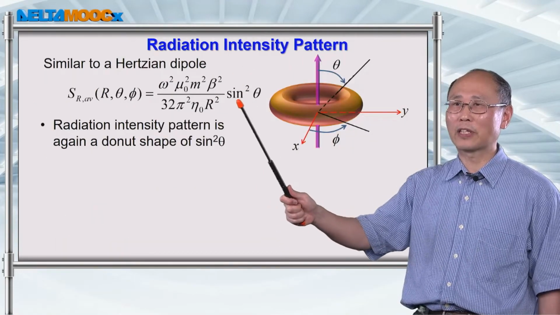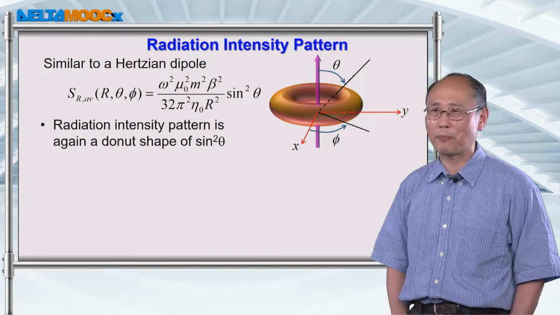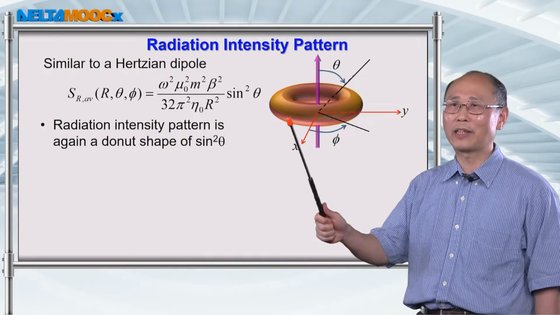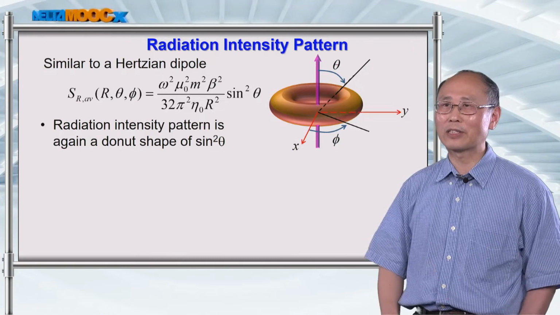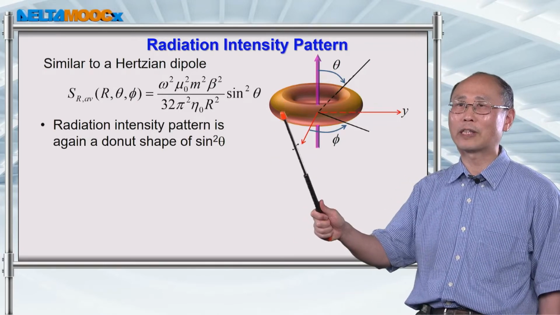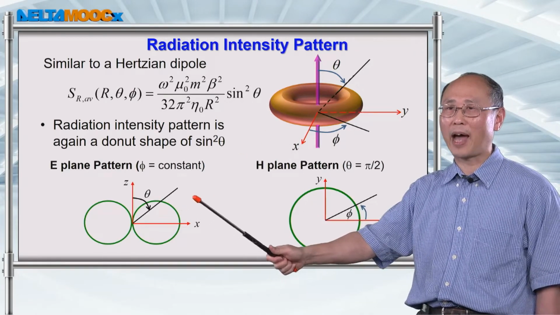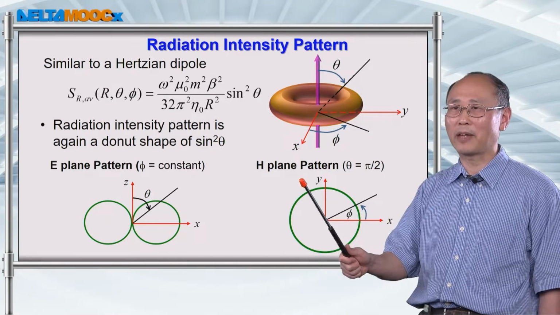And also from this sine squared theta dependence, you can plot the radiation intensity pattern of this antenna. Turns out that this pattern is the same as the one we have for the electric dipole antenna. So you can also plot the E-plane pattern and also the H-plane pattern.